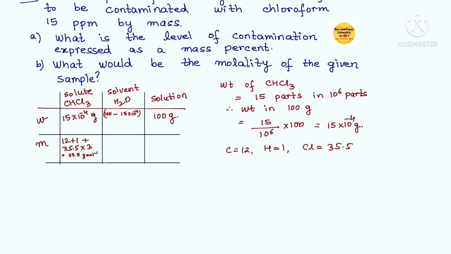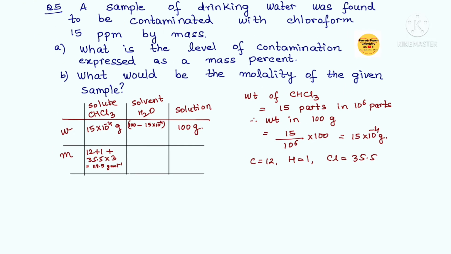Now the only thing left for us is to substitute in the formula or just apply the logic. So molality would be the weight of the solute, which is 15 into 10 to the power negative 4 grams, divided by the molar mass of the solute, which you calculated just now, multiplied by the mass of the solvent, but in kgs. Remember, this is in gram.